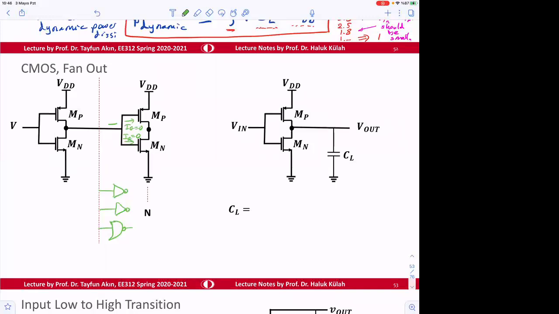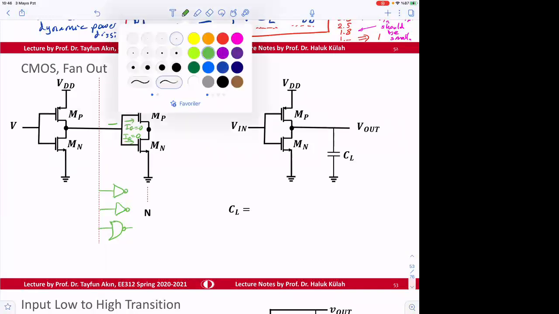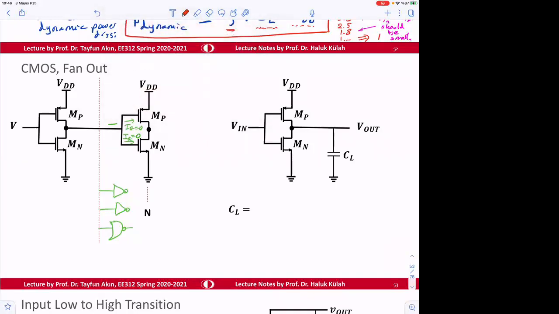Okay, so the limit will come from the capacitance, and the capacitance is actually going to be this. One of them is going to be this one, C. We call it C gate capacitance, and then C gate of N, let's say, is roughly equal to W times L times C oxide.